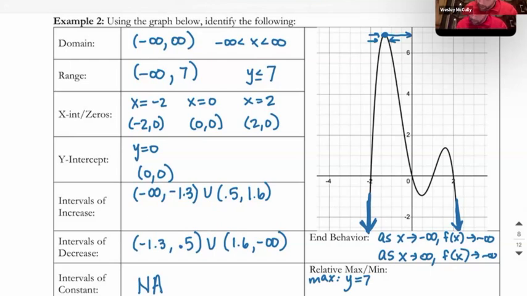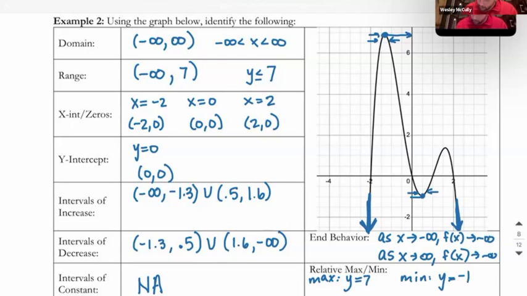Okay, how about this point right here? Okay, that looks like both sides of it are higher than that point, which makes this a relative minimum. Okay, so that minimum value is given by the y value, which is y equals approximately -1.